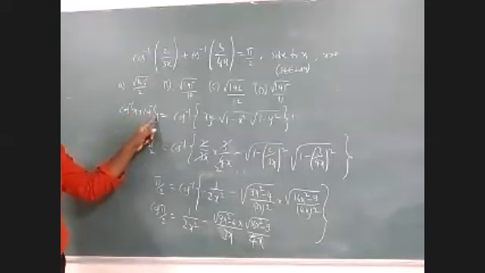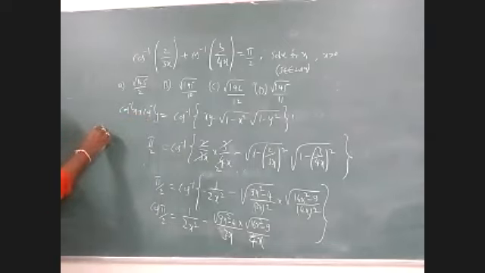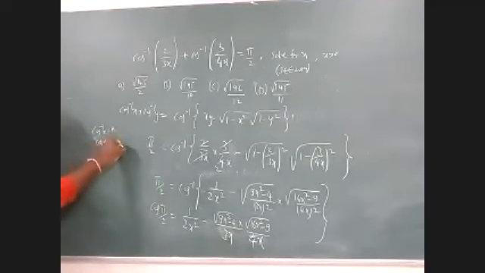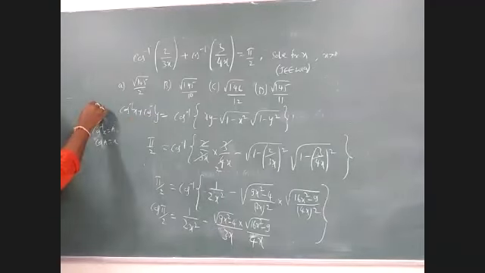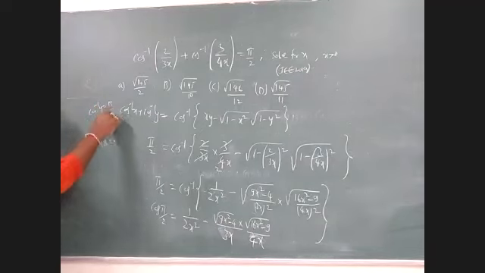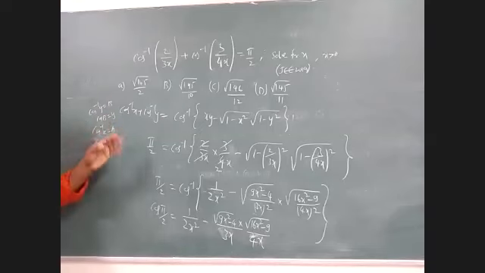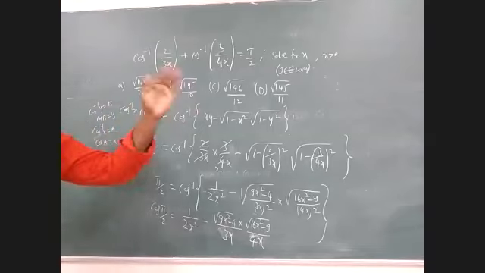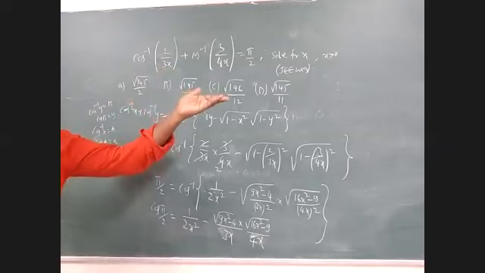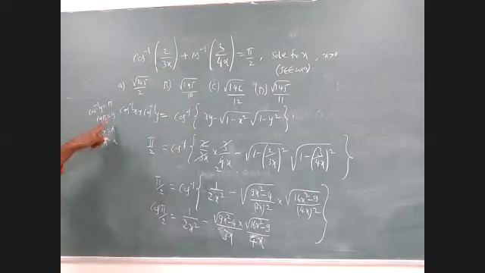Cos A cos B. Just so you know, this is how you will get the proof. Cos inverse x, you just take it as A, so cos A is equal to x. Here also cos inverse y, you take B, then cos B is equal to y. So the formula you know, cos A plus B formula: cos A cos B minus sin A sin B. So cos A means x, cos B means y.